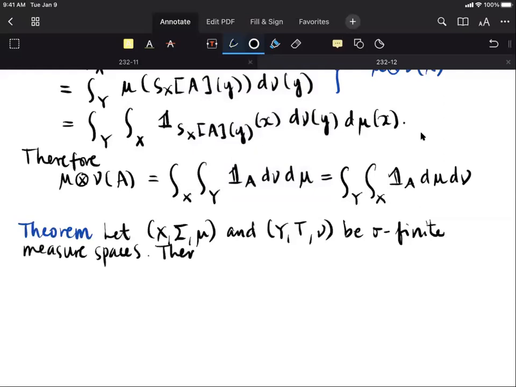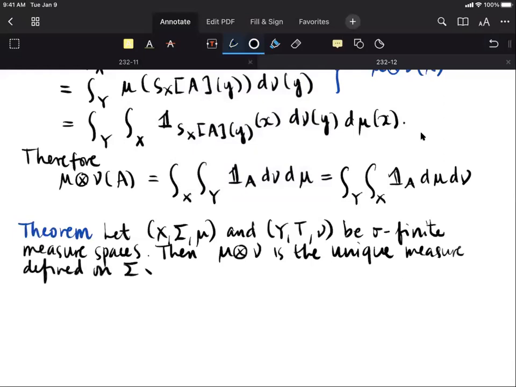Then the function that we defined above is the unique measure defined on the product sigma algebra, such that the product measure of the Cartesian product is the product of the measures of the corresponding sets.